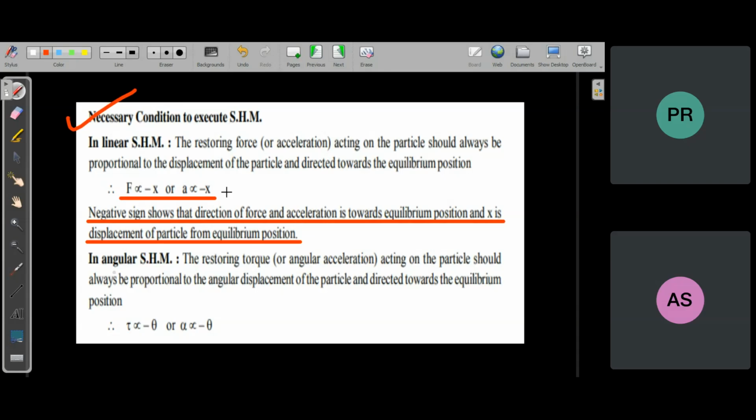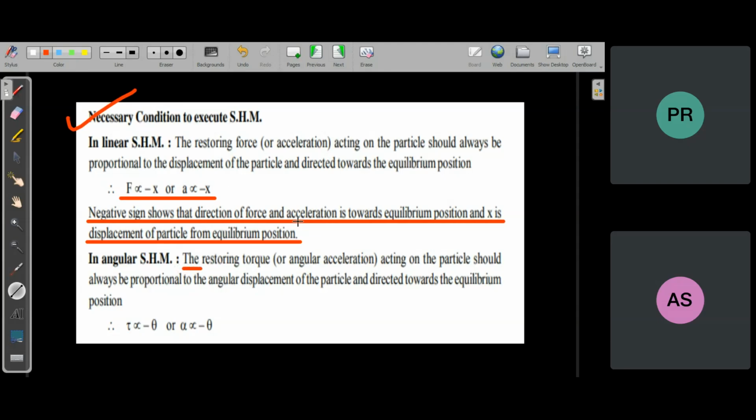Now the next is about angular SHM. In angular SHM, you have to understand that here force will not play the role. Here torque will play the role. So force will be replaced by torque and displacement will be replaced by angular displacement, because here something is rotating about a fixed axis.